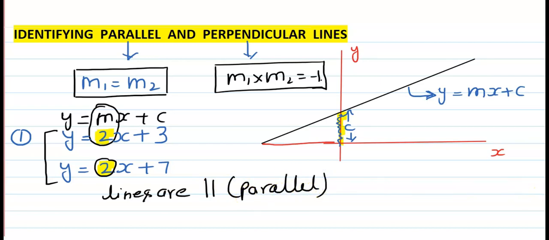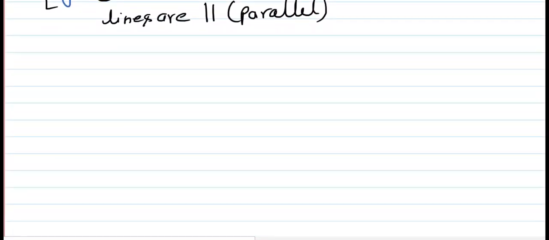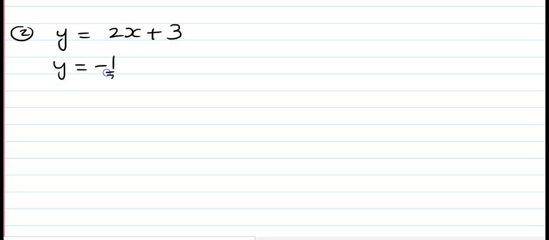Now let's see another question. Question number 2: y equal to 2x plus 3 and y equal to minus half x plus 7. Here the gradient is 2, here the gradient is -1/2.